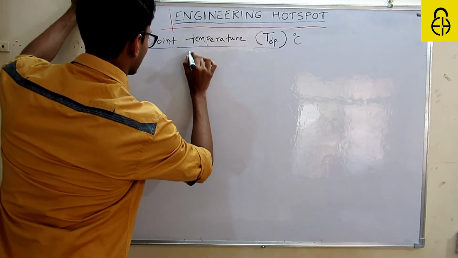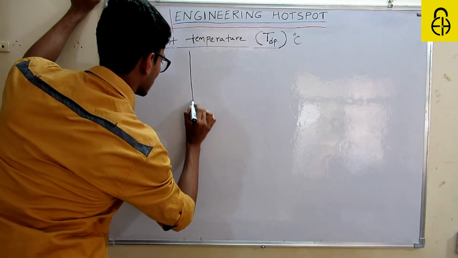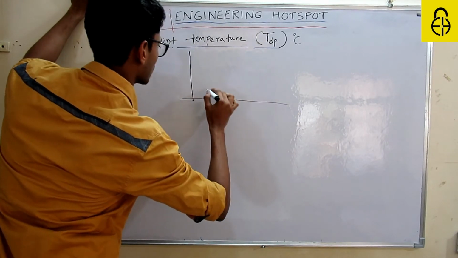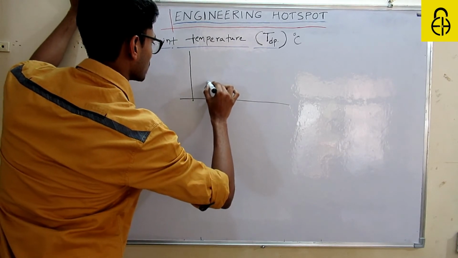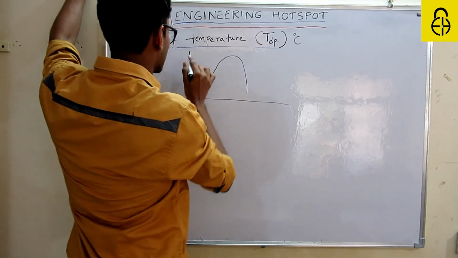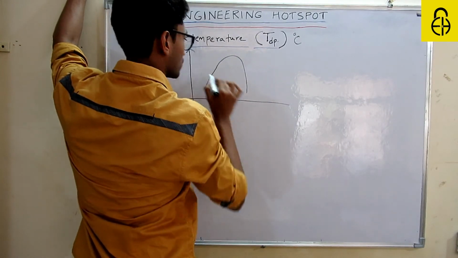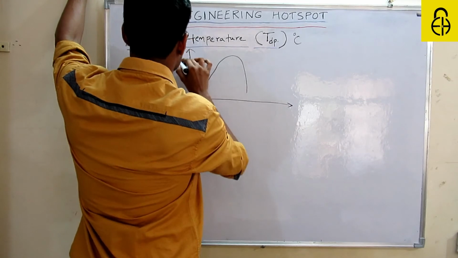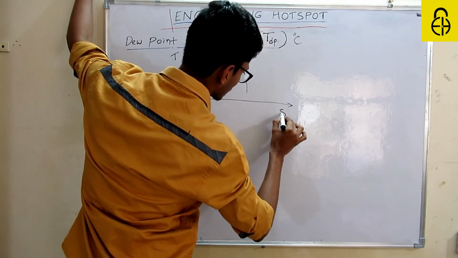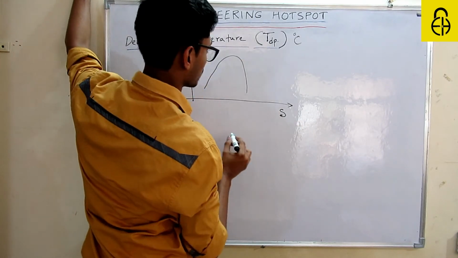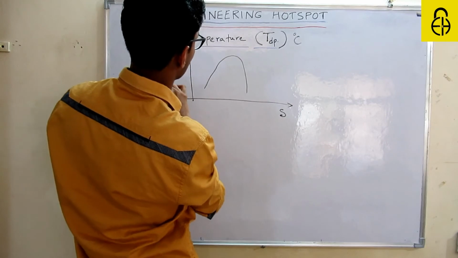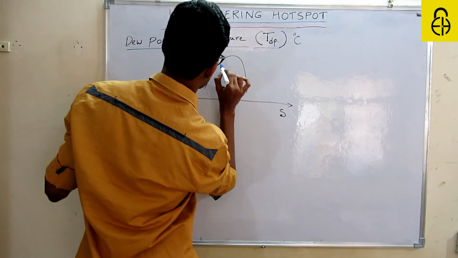First, let us draw the TS diagram, temperature versus entropy diagram. So here I will draw two lines, two curves.